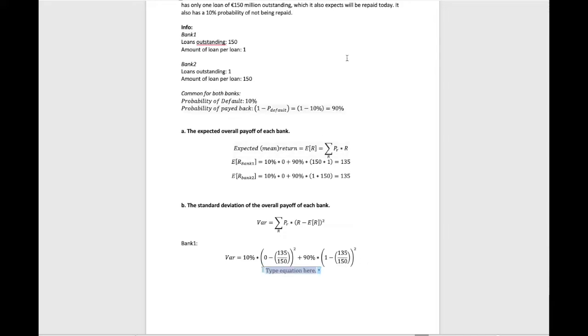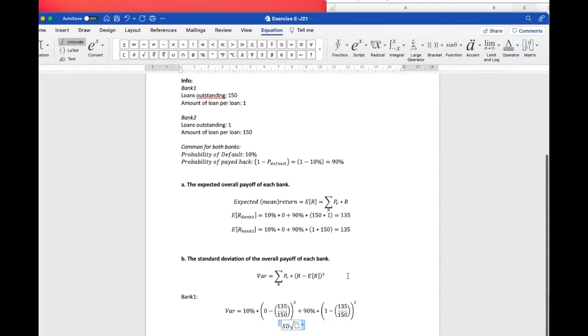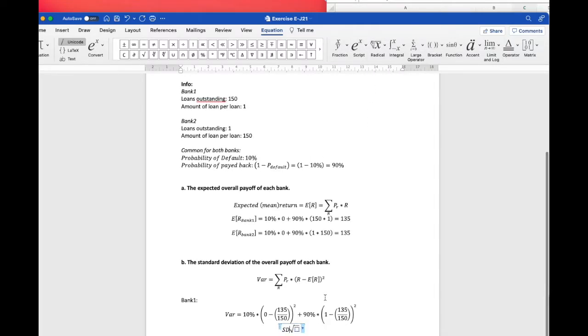And to find the standard deviation of this, we would have to square the variance.